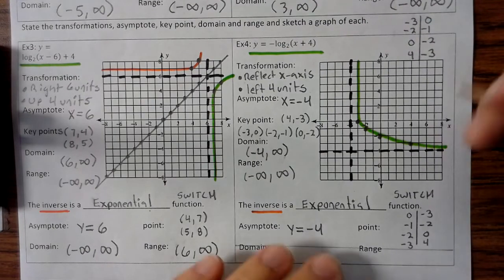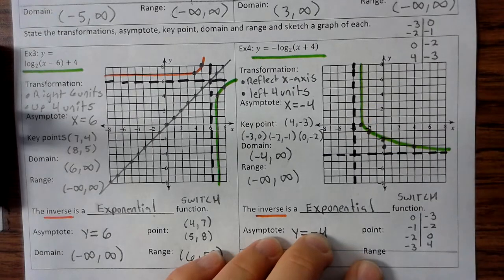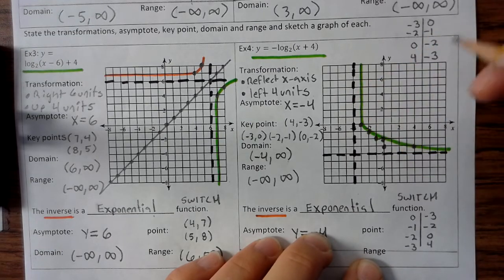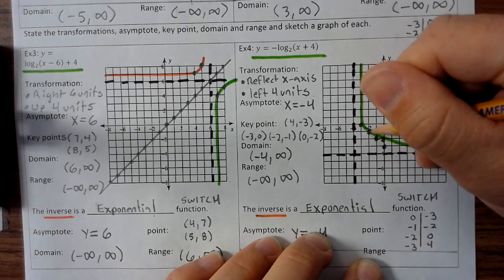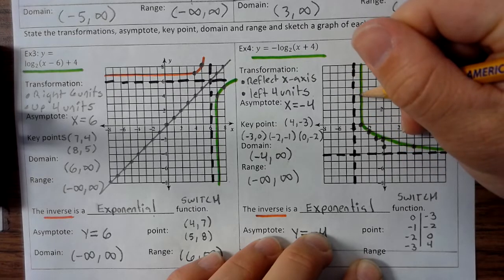Okay, so let's graph those. So 0, -3, -1, -2, -2, 0, -3, 1, 2, 3, 4.